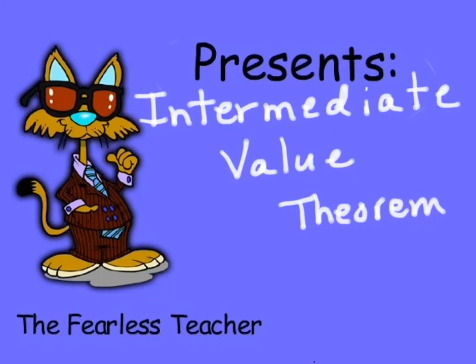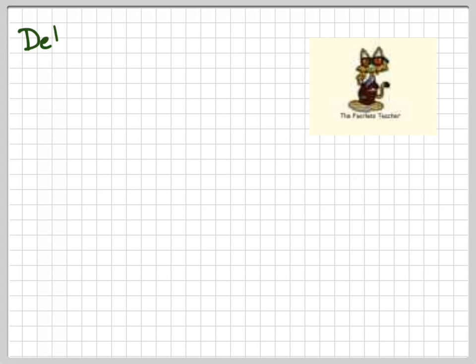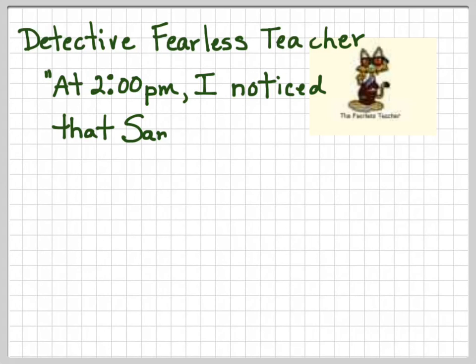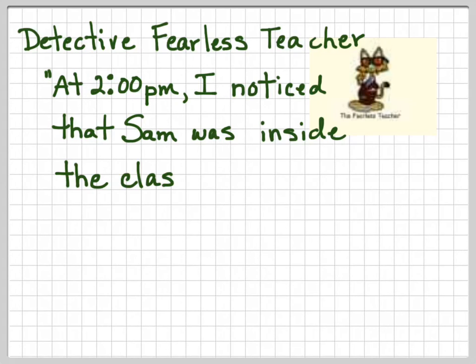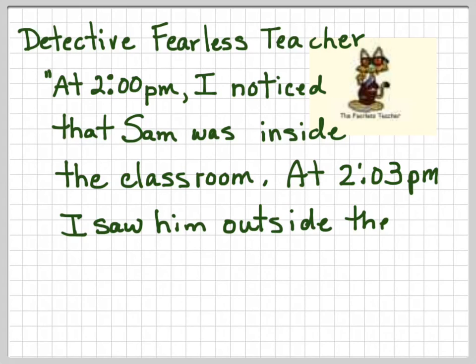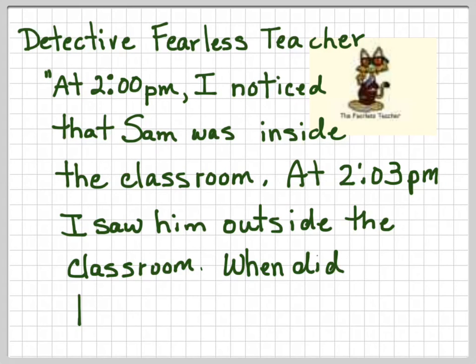Now we come across the Intermediate Value Theorem. Detective, fearless teacher, says, at 2 p.m., I noticed that Sam was inside the classroom. At 2:03 p.m., I saw him outside the classroom. When did he leave?